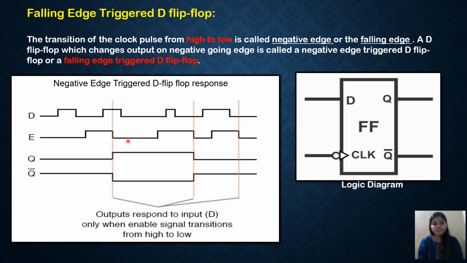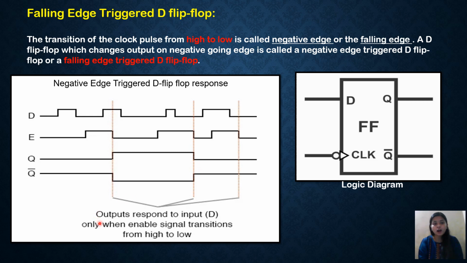You may observe that when the clock pulse is at 0 or at the rising edge or at the logical state of 1, the output does not change. Rather than that, the subsequent falling edge of the clock pulse determines the output. In the first falling edge of the clock pulse, data is at 1, hence the output Q is at 1. In the next falling edge, data is at 0, hence the output Q is also at 0.